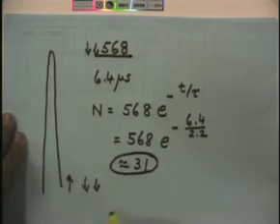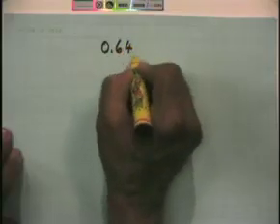However, because of the time dilation, what we should expect is that in the reference frame of the mu-meson, the time elapsed is only 0.64 microsecond.